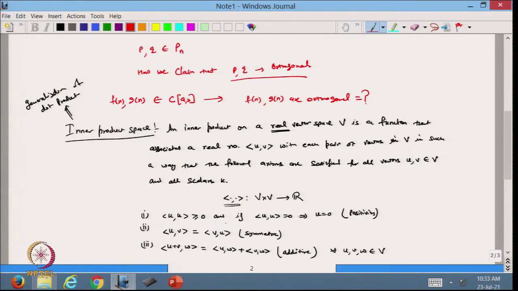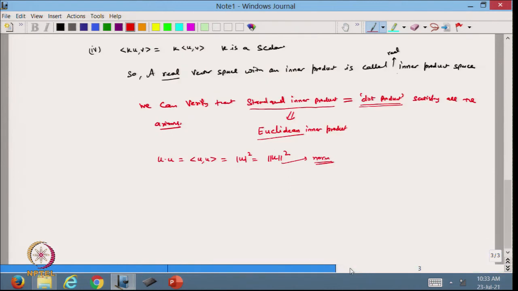This is always positive, and if it is 0 then the vector is 0, it is symmetric, it is additive or distributive, and the fourth property holds. We can verify that all the properties are satisfied by the standard inner product, the dot product.